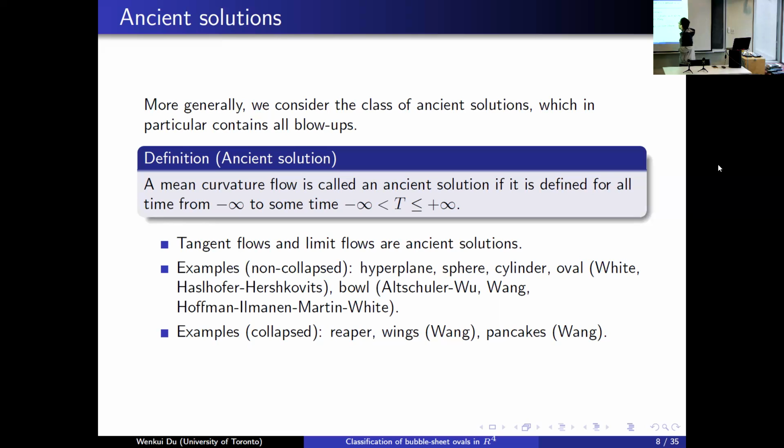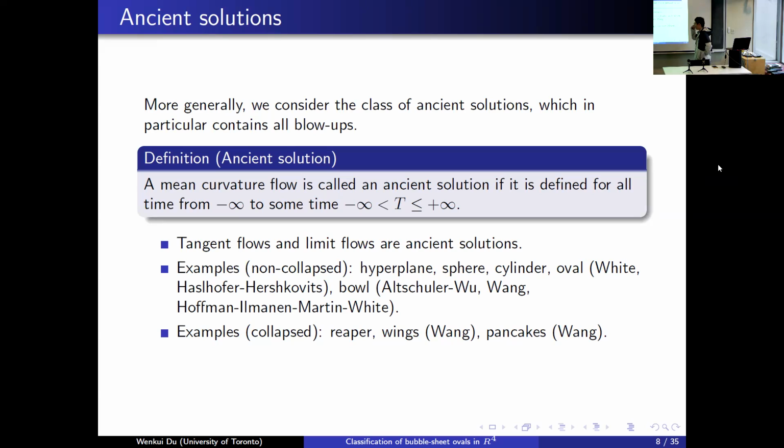So what is the meaning of ancient solutions? A mean curvature flow is called an ancient solution if it is defined for all time from negative infinity to some time, which could be positive infinity. Because we do the tangent flows and limit flows by parabolic rescaling, their lifespan starts from negative infinity, so they are ancient solutions.